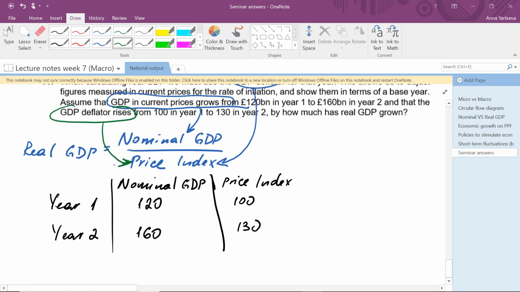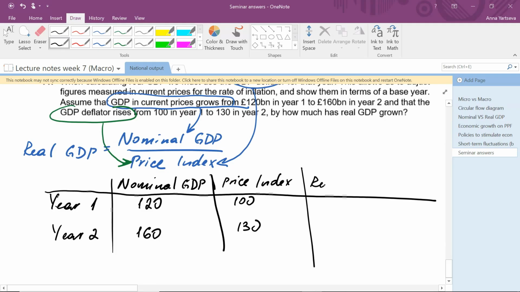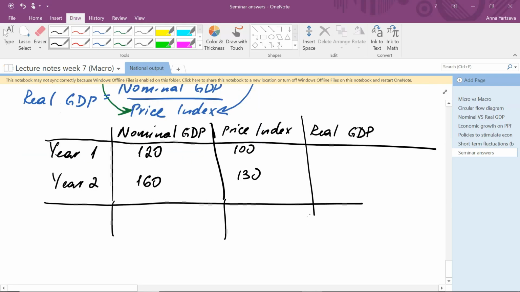So we need to calculate how much real GDP has grown. If we simply look at this data, it might look like we have increased our production from 120 to 160, which is not the case, because this change does not represent the true increase in production. Quite a lot of this increase in nominal value will come from the effect of prices.